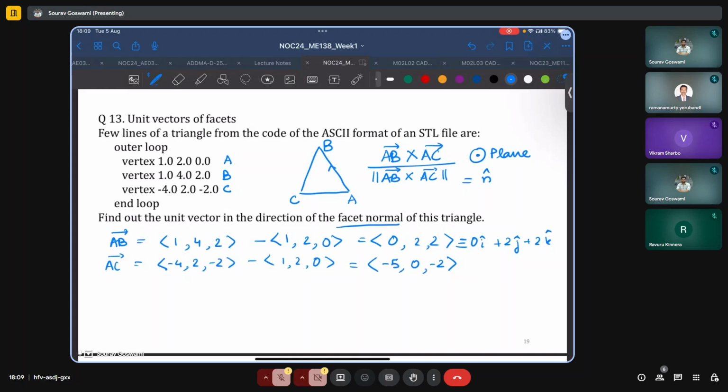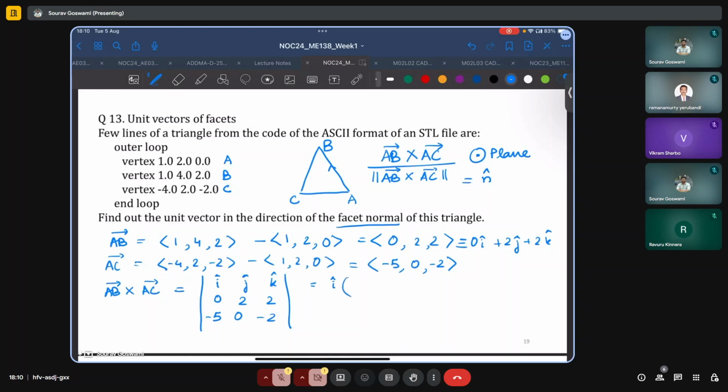And then we do the cross product AB cross AC, and we are all familiar with how to go about this. So it's i hat, j hat, k hat, 0, 2, 2, minus 5, 0, minus 2, and then we expand this determinant.